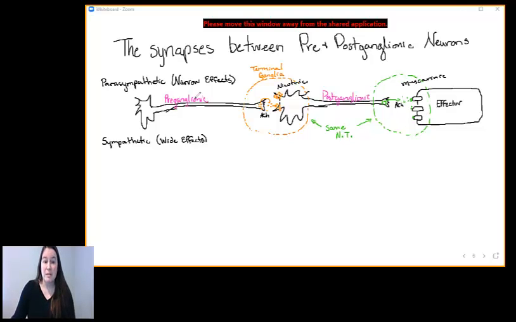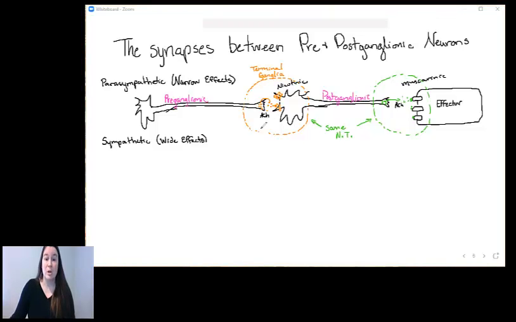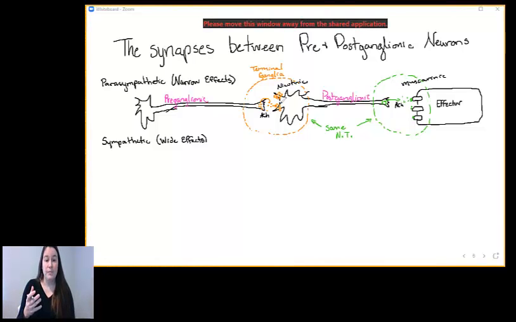So the way the parasympathetic nervous system works, which remember has a very narrow effect, is the preganglionic neuron exits the central nervous system and heads to a ganglia, in the case of the parasympathetic system known as the terminal ganglia, then releases acetylcholine that binds to the nicotinic receptors. This creates a local potential. When it hits threshold, it triggers an action potential down the postganglionic neuron, sending the signal out to the effector organ.